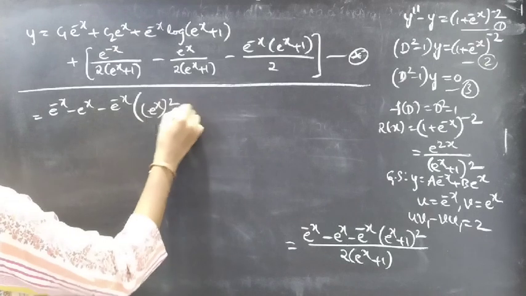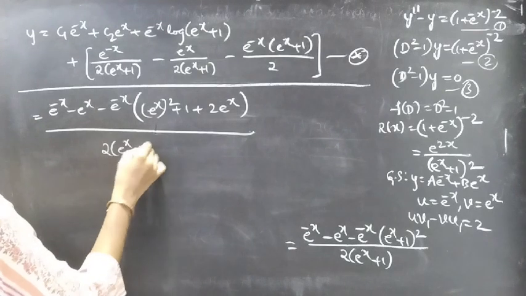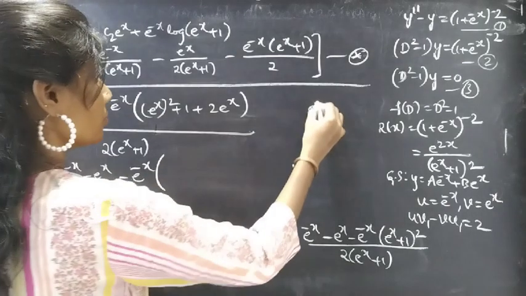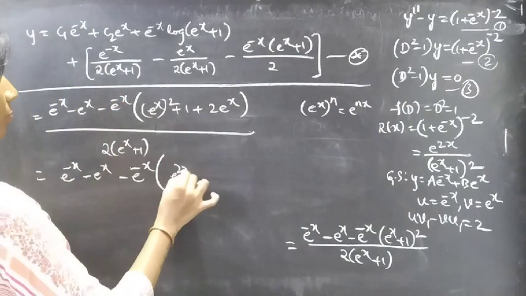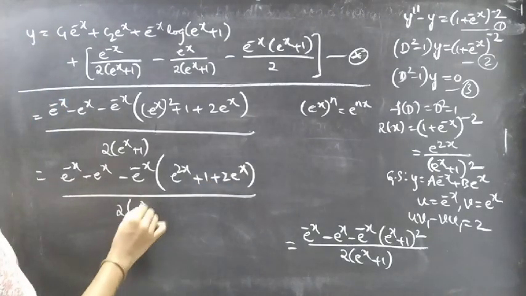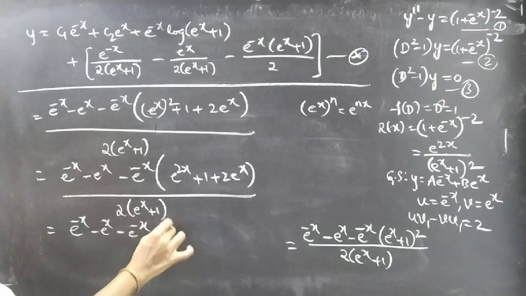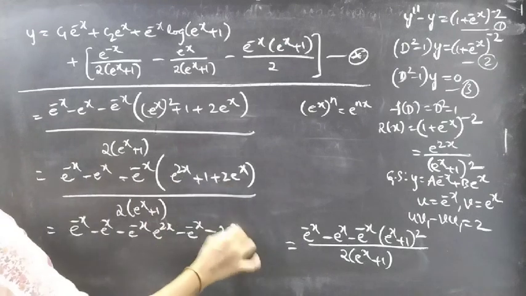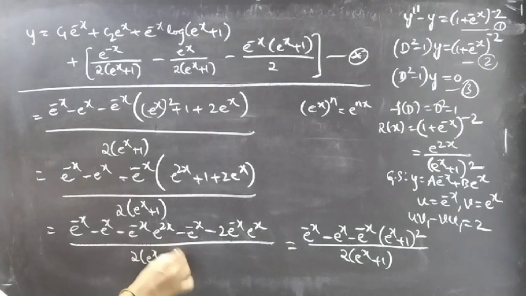We'll have (e^x)^2 + 1 + 2e^x by 2(e^x + 1). We know that (e^x)^n equals e^(nx), so we can write (e^x)^2 as e^(2x). This gives us e^(-x) - e^x - e^(-x)(e^(2x) + 1 + 2e^x) by 2(e^x + 1), that is, minus e^(-x) into e^(2x), minus e^(-x), minus 2 into e^(-x) into e^x, by 2(e^x + 1).